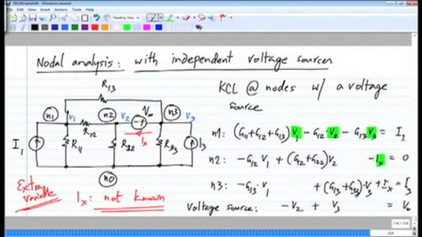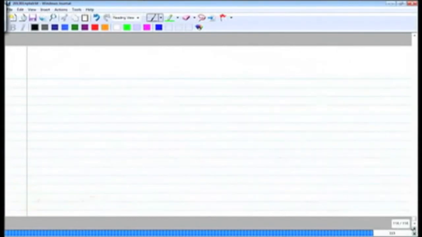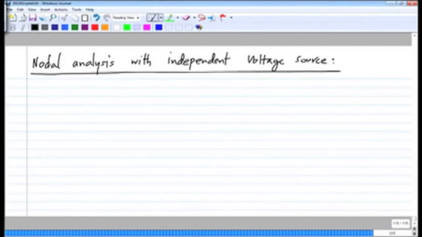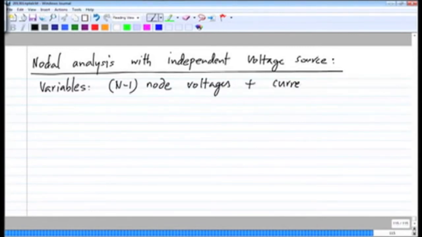And I will write this in terms of the matrix. So for the case of nodal analysis with independent voltage sources, I have the variables to be the node voltages, in general n minus 1 node voltages, plus currents through the voltage sources.